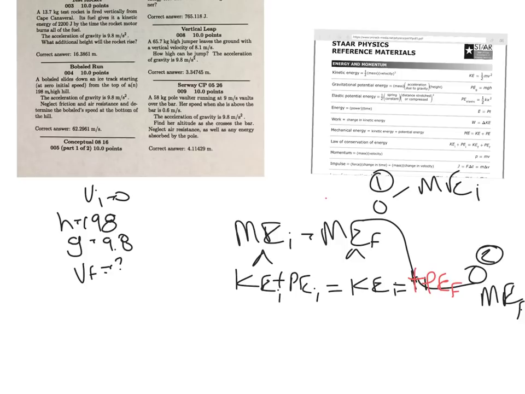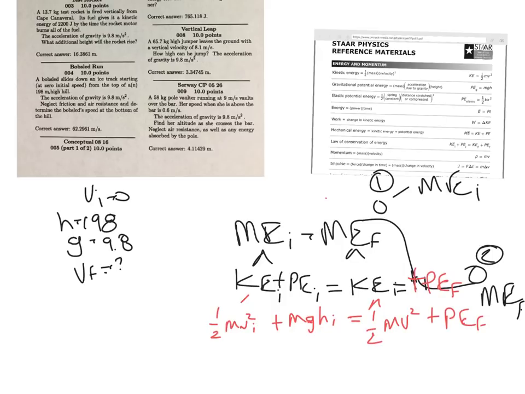All right, now let me ask you something. I know the equation for kinetic energy is 1/2 mv squared, potential energy is mgh, so potential energy initial equals 1/2 mv squared. This looks like a lot of writing, but all I'm doing is expanding the equation, plus potential energy final.